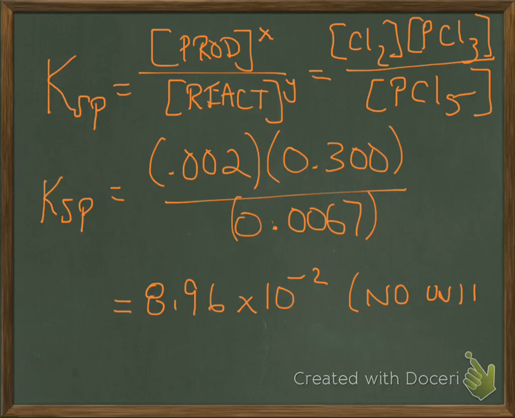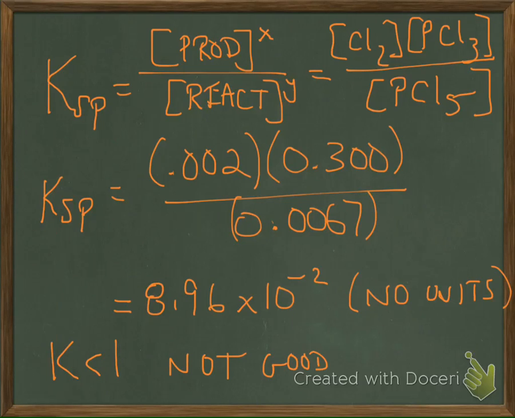That's the best part about K, is that you don't have to worry about units. So 8.96 times 10 to the negative second is your K. Ooh, and if we want to, think about this, that our K here is less than 1, which is not good.